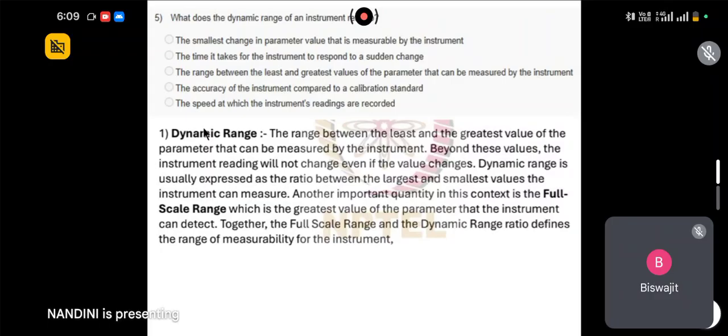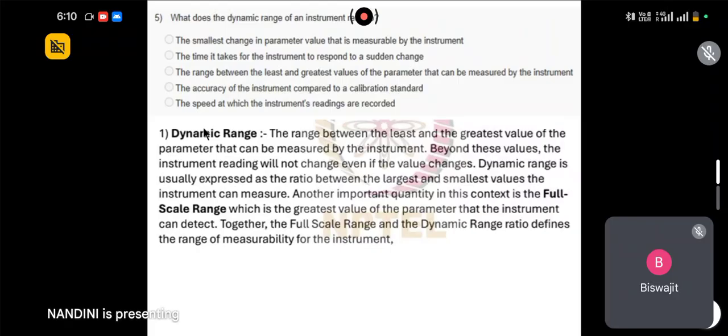Suppose you are from a physics background, you know we have the screw gauge, vernier caliper, etc., which are used to measure quantities like length, distance, and width of a material. It will be basically in the millimeter range.